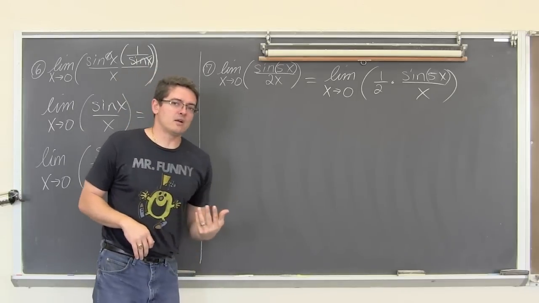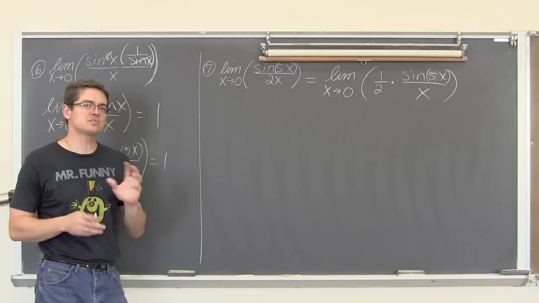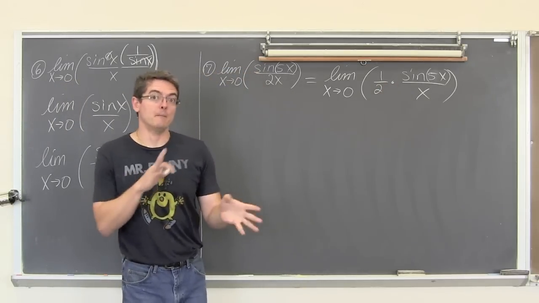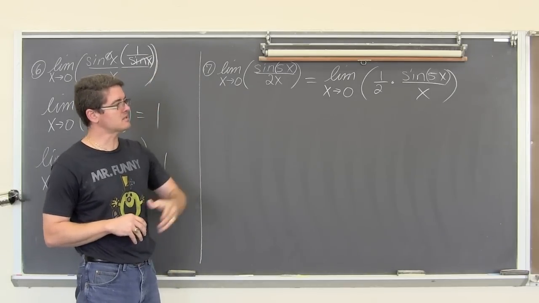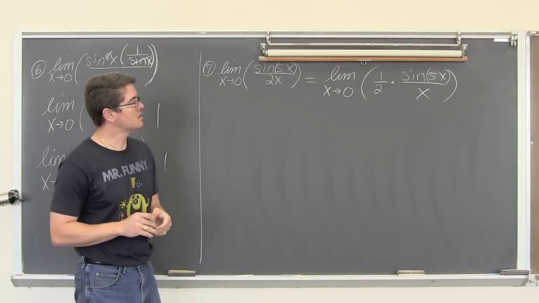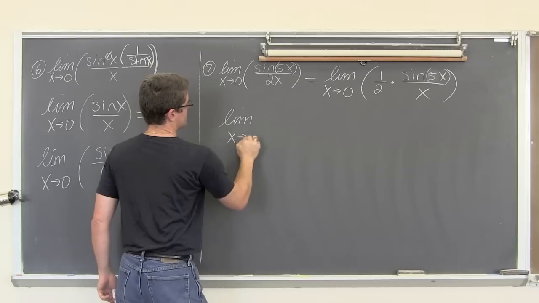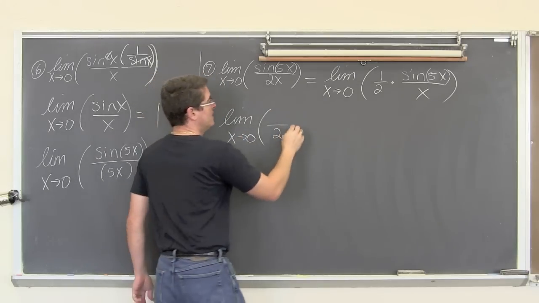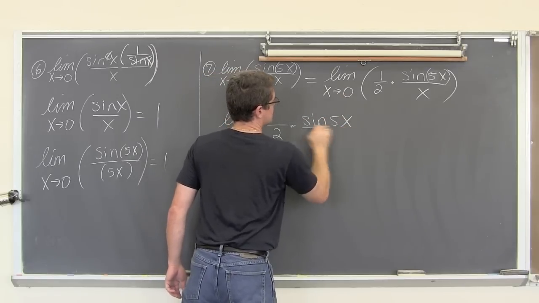Well, I've pulled the 2 out of the denominator and wrote it as 1/2. And now, if I can do some other kind of manipulation with that multiplication going on there, I'll be happy. Like if I could get that denominator to be 5x, I could be done with this problem. So if I could just make it the limit as x approaches 0 of something over 2, I'm going to add something in, times the sine of 5x over 5x.